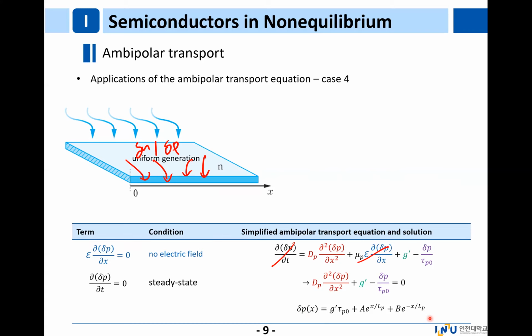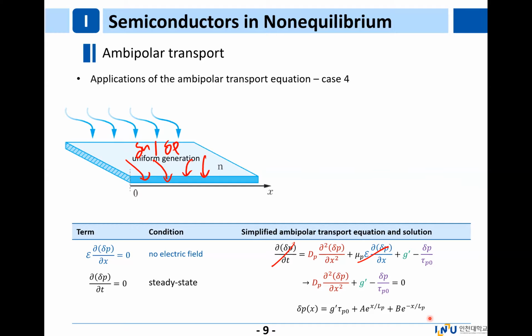A uniform intensity light is continuously applied to the entire semiconductor, resulting in the generation of excess carriers at a constant rate.